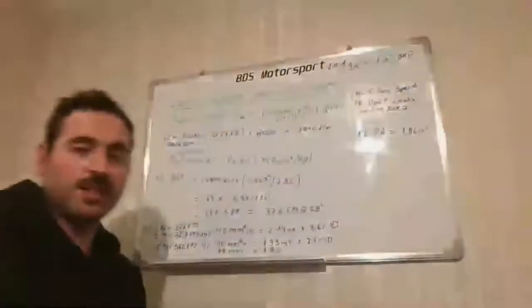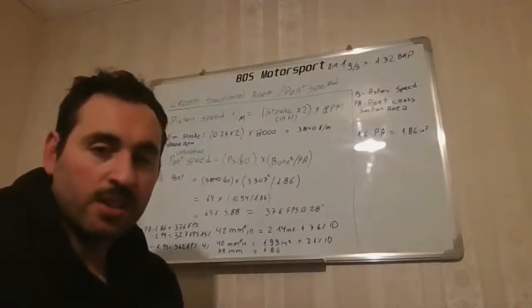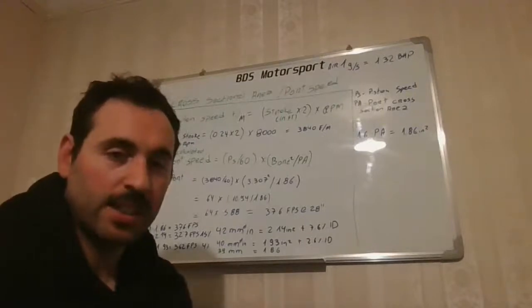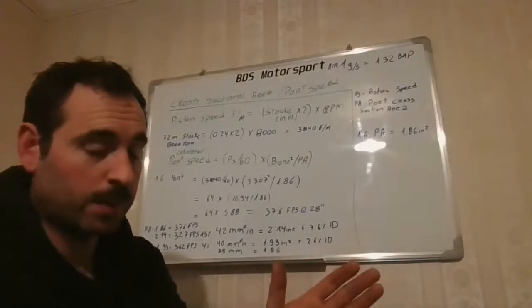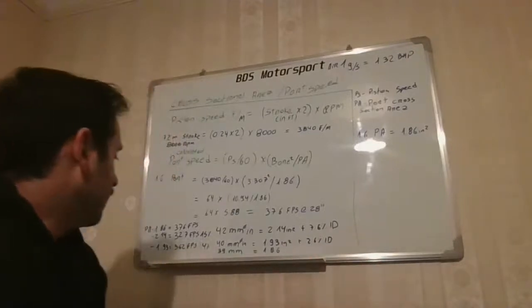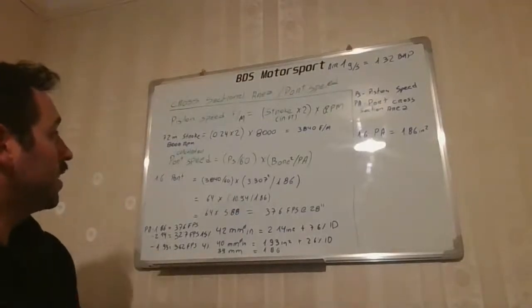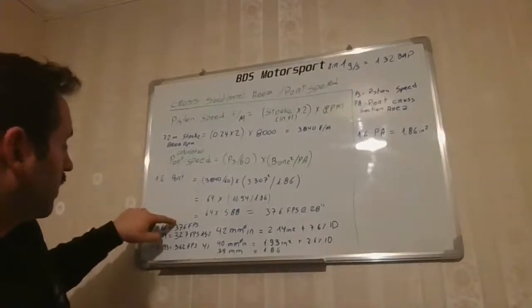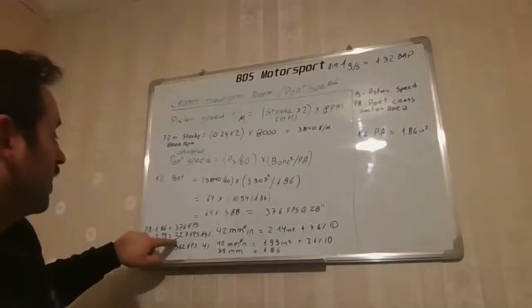Now let me just get my phone. I need to do some math in here, so I can tell you how much higher you will have to rev this engine to make the same power you make at 8,000 with a bigger throttle body. We know that at 8,000 we got 376, but at 8,000 we will have 327 with that size.